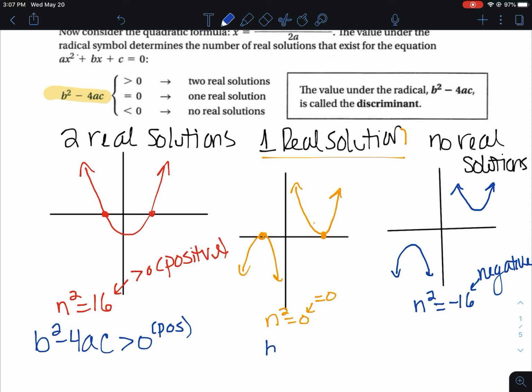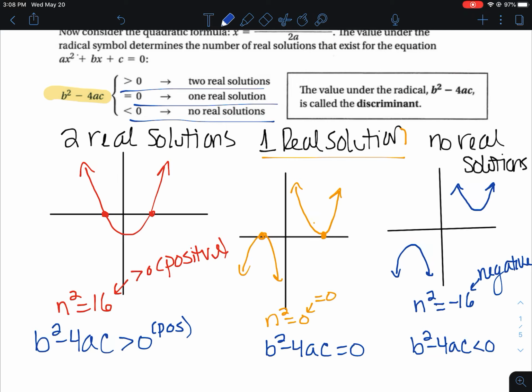If b squared minus 4ac is equal to 0, then I'm going to get one real solution. And if b squared minus 4ac is negative, or less than 0, we're going to get no real solutions. So you have this little chart up here to help you. So let's see if we can calculate a few of these, and then our job is going to be to come back to the chart and say, what type of answers am I actually getting here?